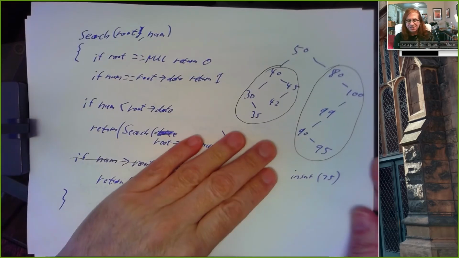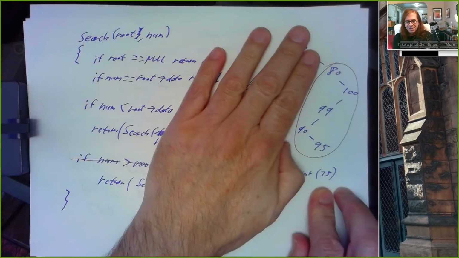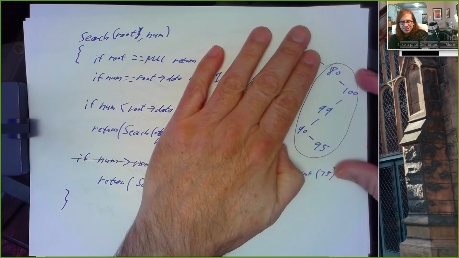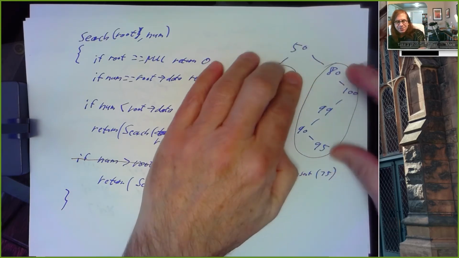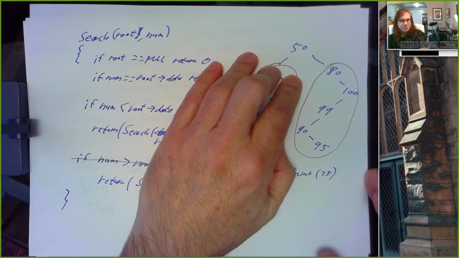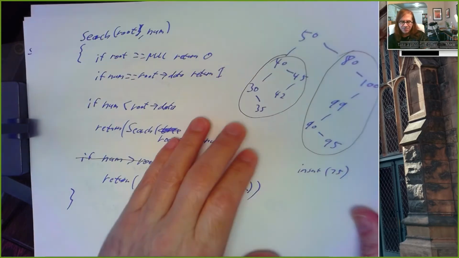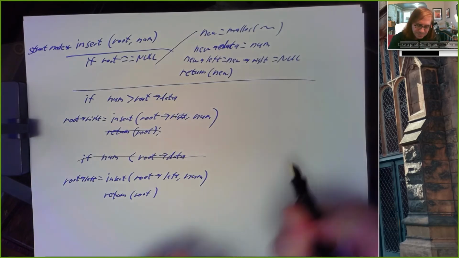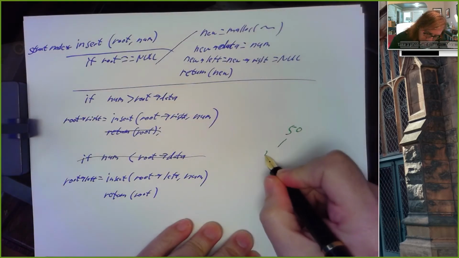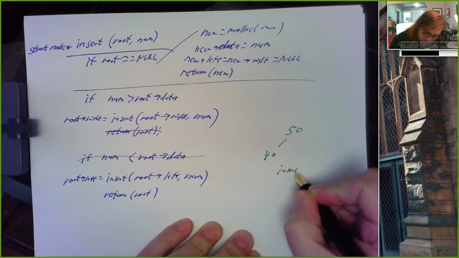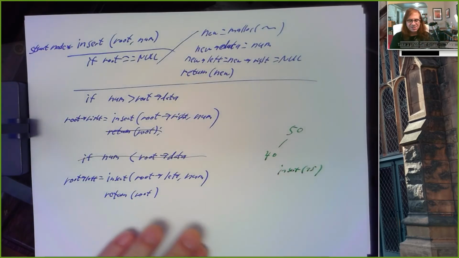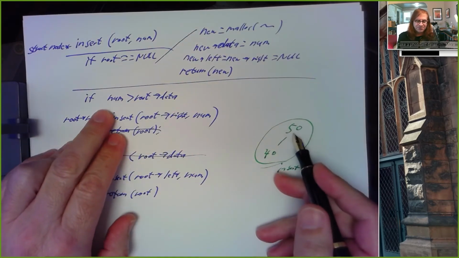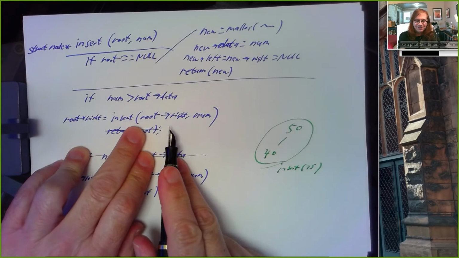So now the effect is, if we're inserting a 75, we're going to put that somewhere into the subtree. We're going to take the root of the tree that we get after we insert it, and we're going to make 50 point to that on the right. And that's going to handle the particular case where, for example, we want to insert a 75 on this tree. Well, our number is bigger than the root data, so we're going to insert 75 onto the right.